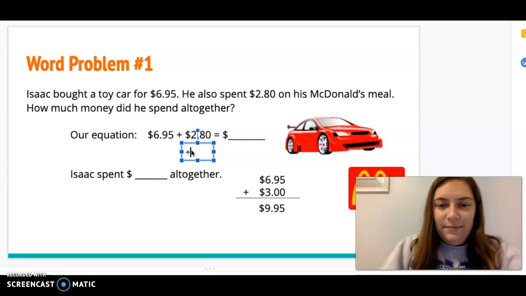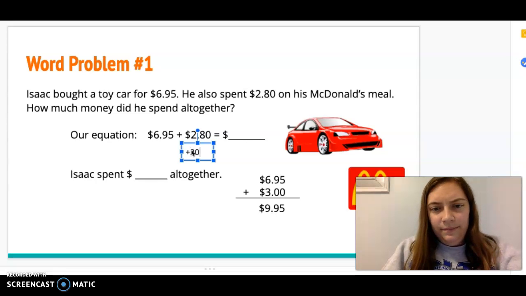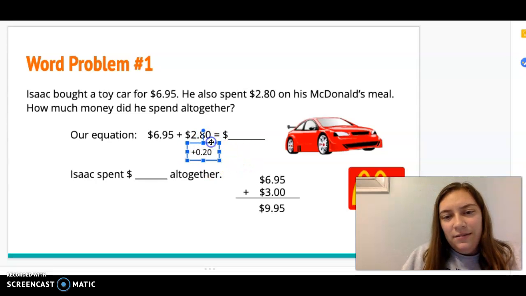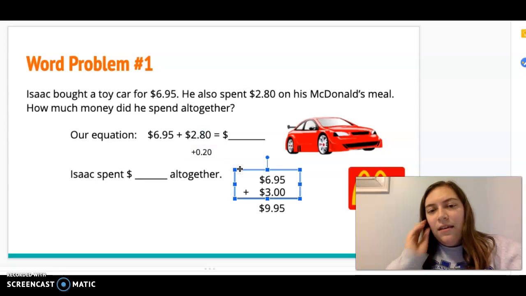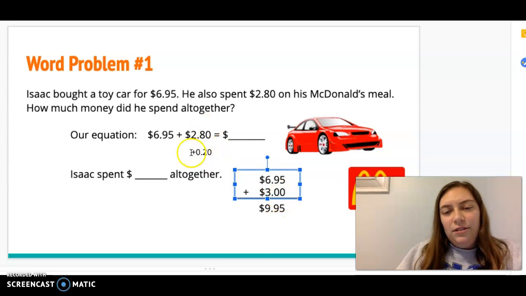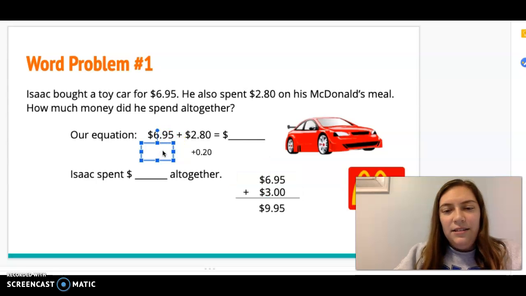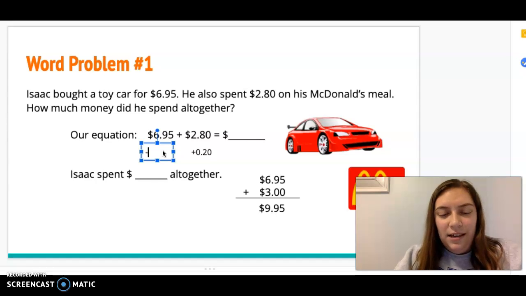added 20 cents, 0.20. There we go. I added 20 cents here. See it? That made it $3. So basically what needs to happen is I need to do the opposite to the other side.